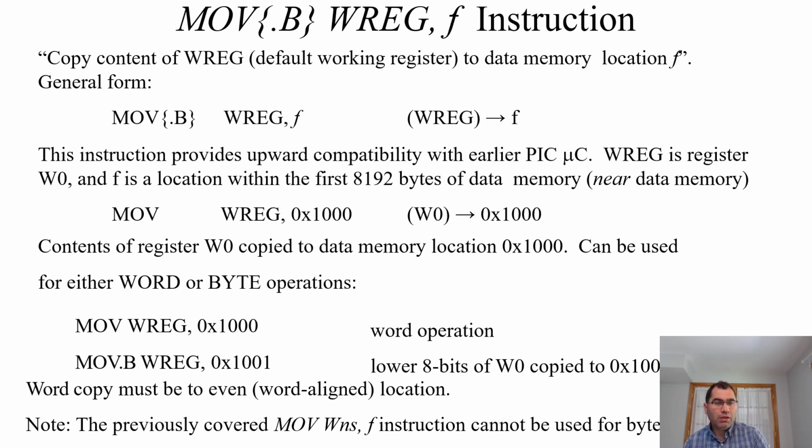What does that mean? Copy the content of WREG, and WREG means W0, the default working register, to data memory location f. That's the general format we see here.